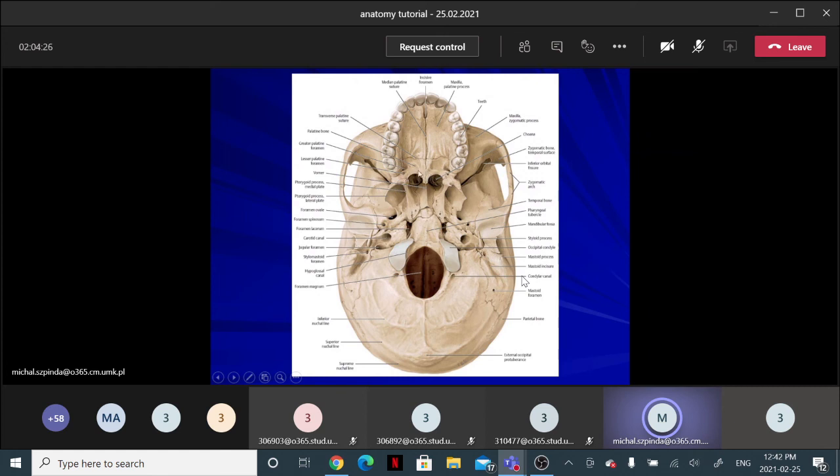In this area, we have three craniometric points. The top of the posterior nasal spine strictly refers to the PNS, posterior nasal spine. Here we have two concavities with their tops.